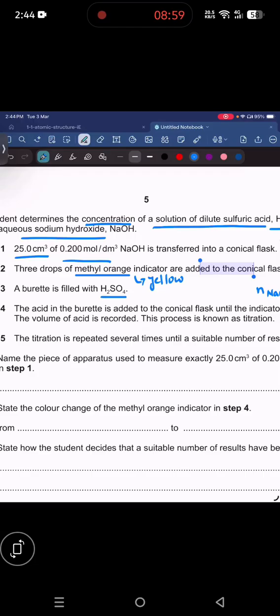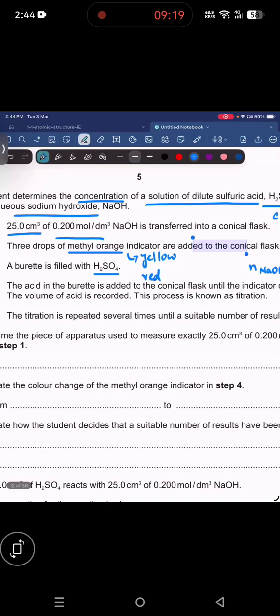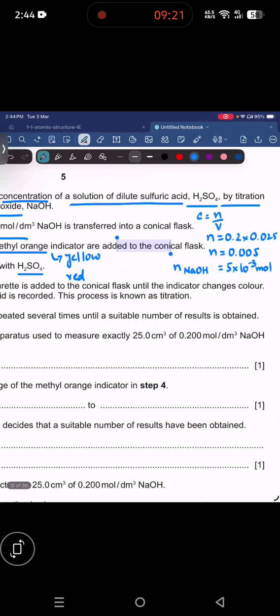So what color is seen at the end of the burette titration? It changed into a red color. Am I right? Now, the titration is repeated several times until a suitable volume result is obtained.